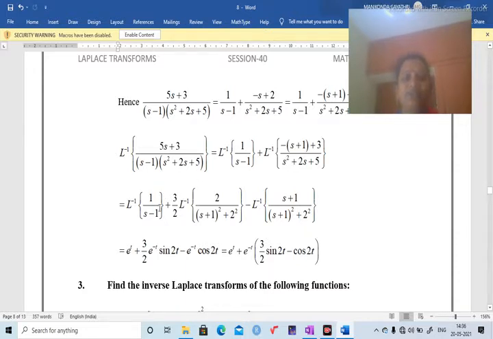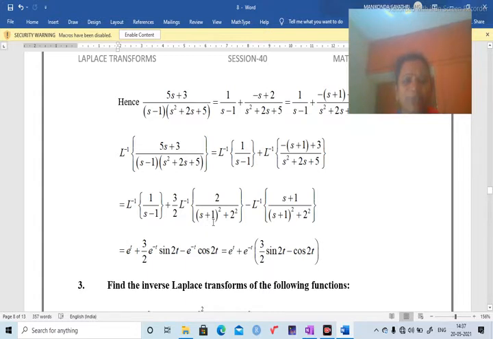So the first term as it is, here I am going to multiply and divide with 2. Next minus L inverse of (s plus 1) by (s plus 1) whole square plus 2 square. This term which I have already written. So observe, this minus 1 is there, that's why e power t. Here 3 by 2 take outside.